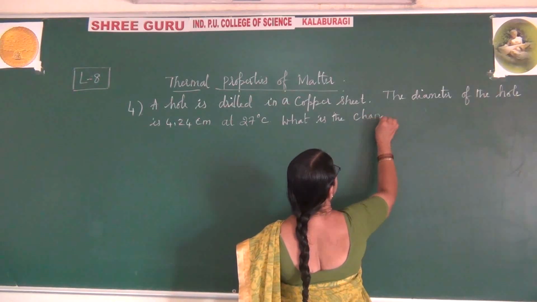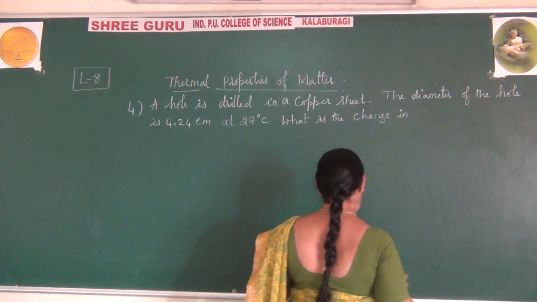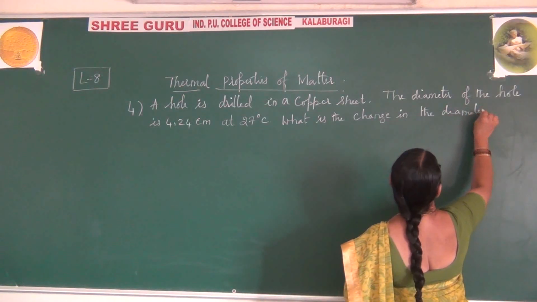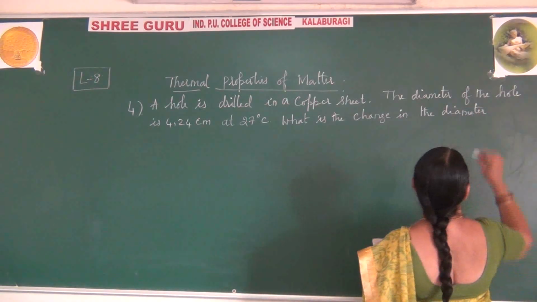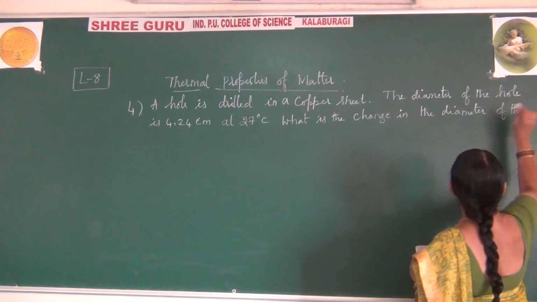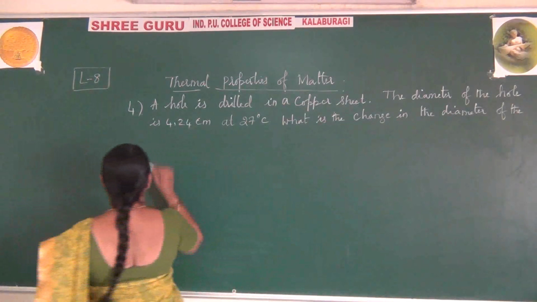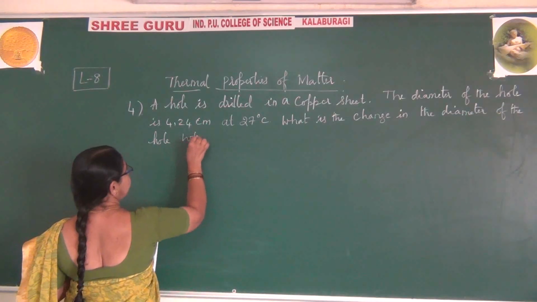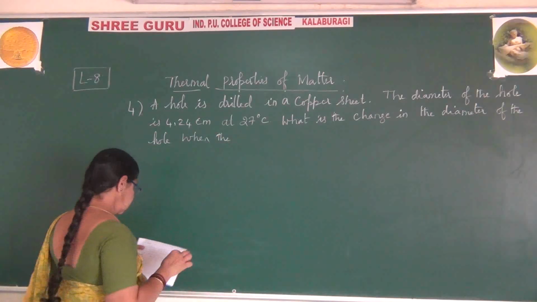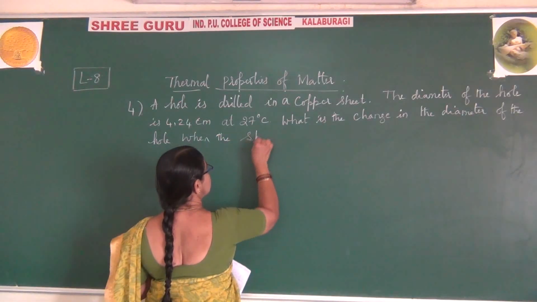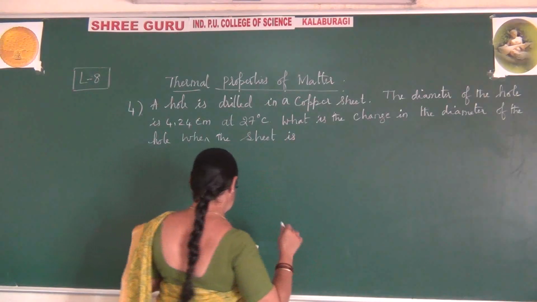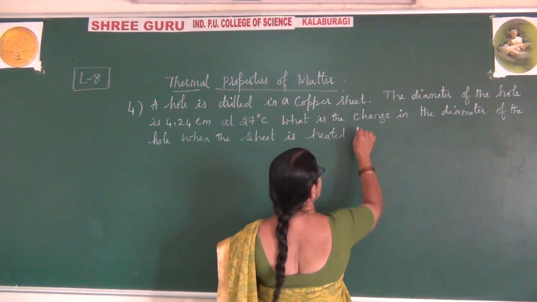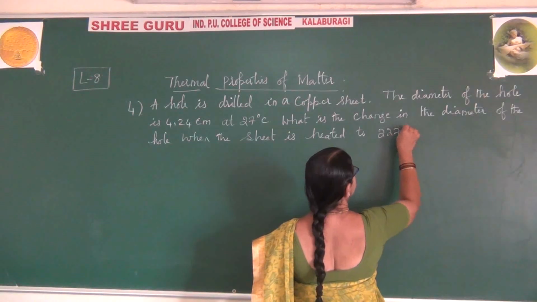What is the change in the diameter of the hole when the sheet is heated to 227 degrees centigrade?